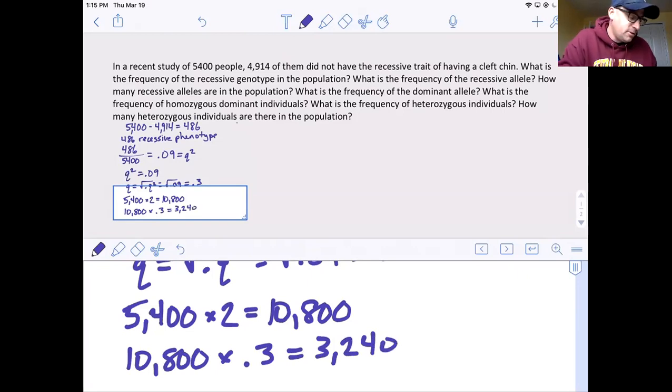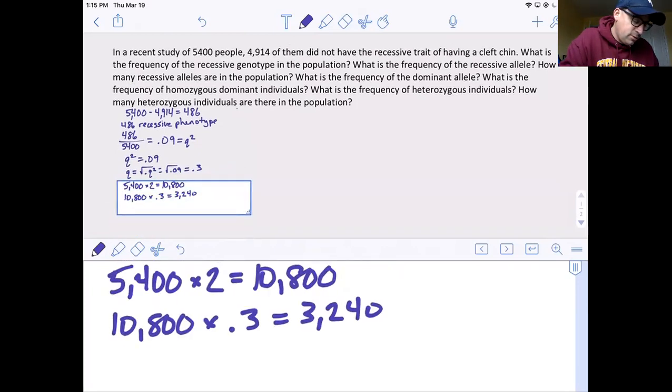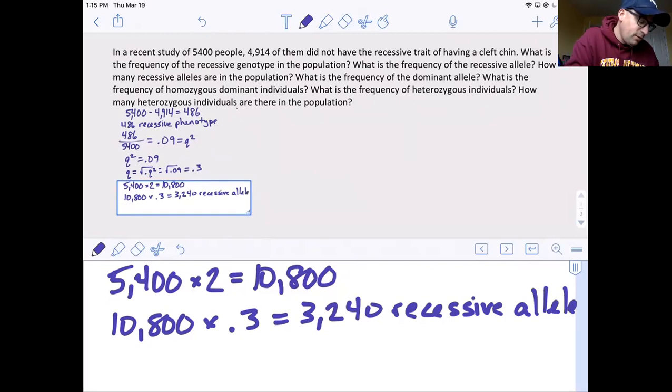The rest of the alleles are dominant alleles. Okay, let me just add this here, recessive alleles, and 10,800, let me put the total alleles.